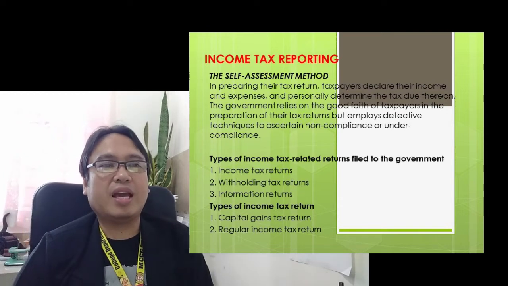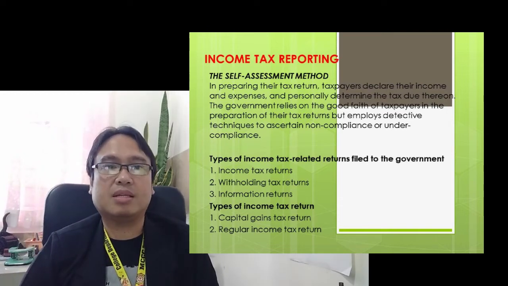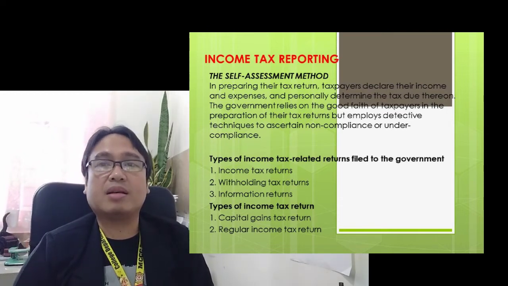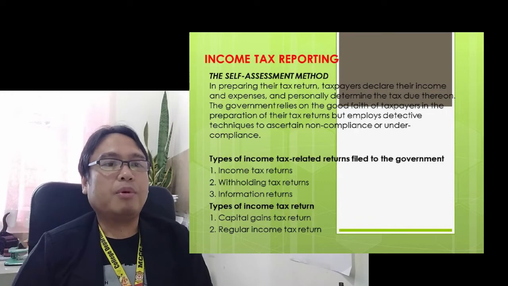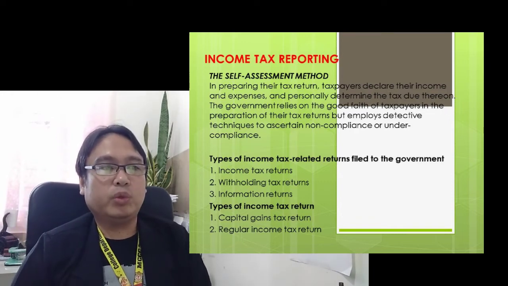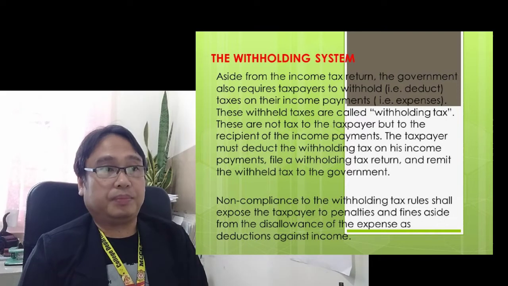Types of tax-related returns filed to the government. Number 1 is income tax return, withholding tax return, information return. There are two types of income tax return, capital gains tax return and regular income tax return. The withholding system.